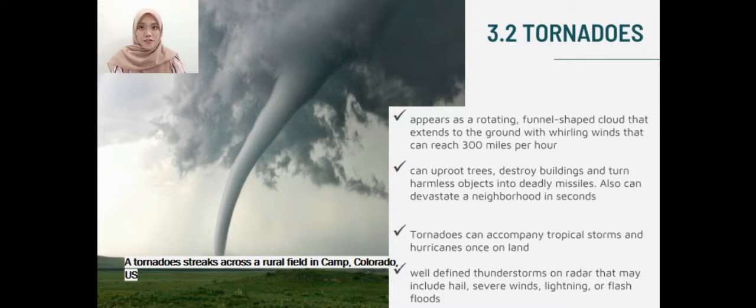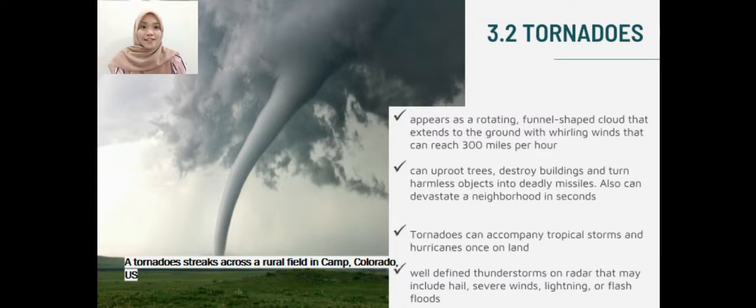It appears as a rotating funnel-shaped cloud that extends to the ground with whirling winds that can reach up to 300 miles per hour. Look at the picture. There is a tornado streaking across a rural field in Camp, Colorado, United States.